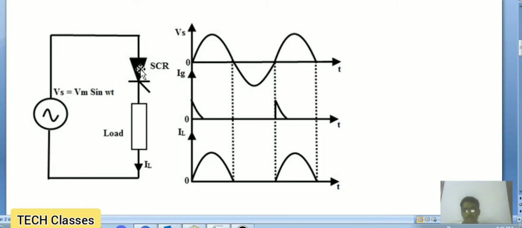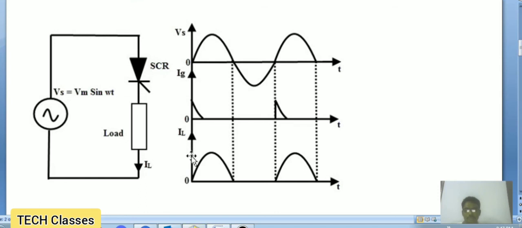During forward bias, when we apply a gate pulse or firing pulse, the SCR becomes conducting, that is on state.